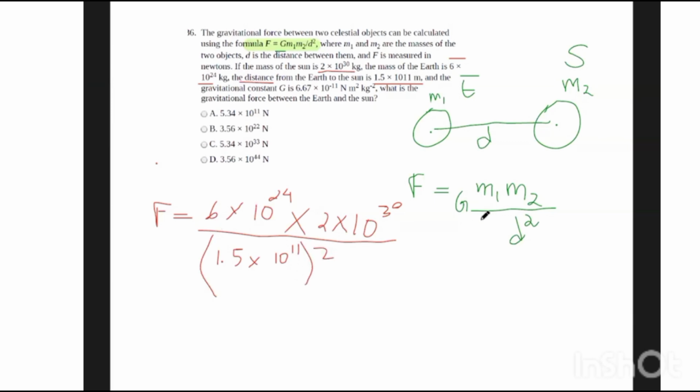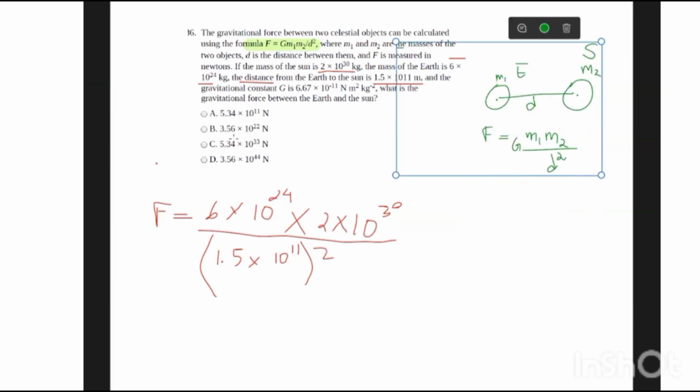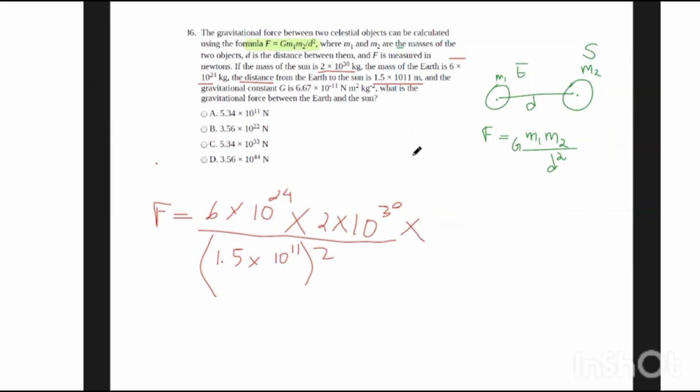One thing more, you need to multiply the G part also. So the G part again, we will multiply here, which is given as 6.67 times 10 to the power minus 11 Newton meter square per kg square.